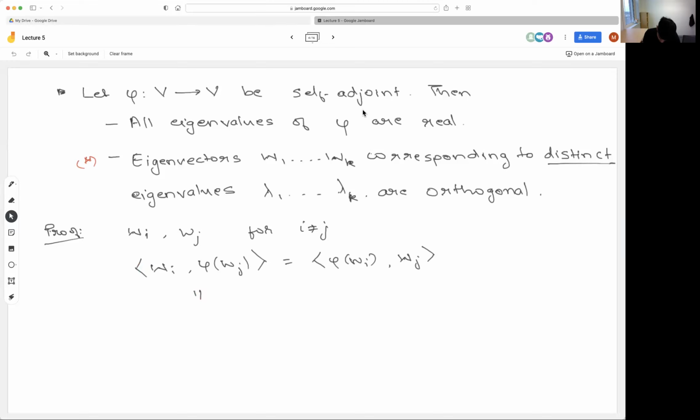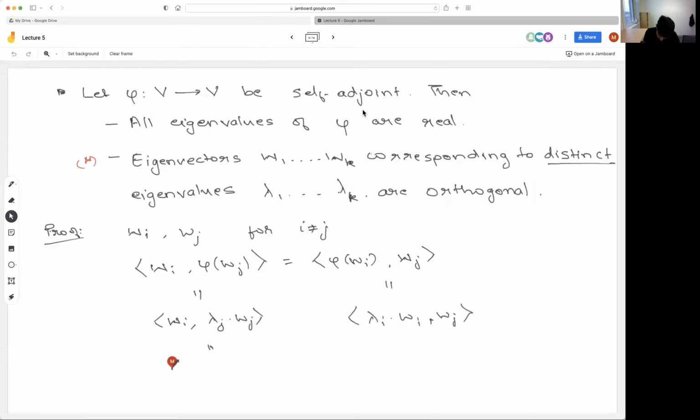And now I get the inner product of Wi with lambda j times Wj, and this is equal to the inner product of lambda i times Wi with Wj.